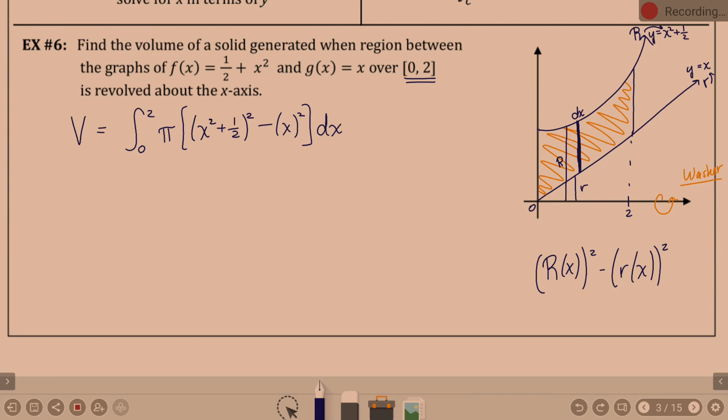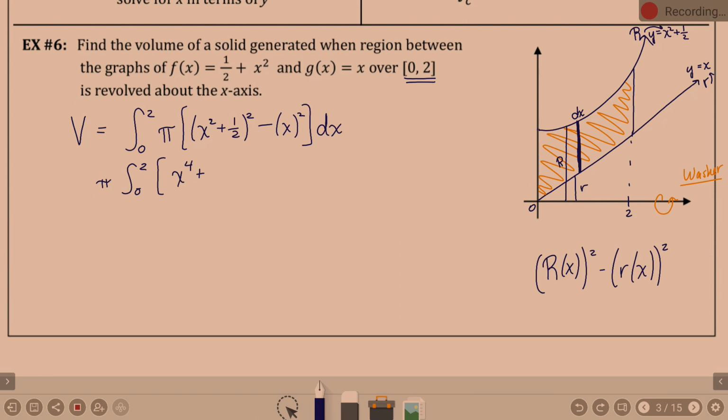Do the math. What kind of math has to happen before we can proceed? Something up in the middle. Yeah. So I'm going to say pi times the integral from 0 to 2. What do you know about x squared plus 1/2 quantity squared? First, the way I have mine set, if yours is backwards, we're just going to be in opposite order.